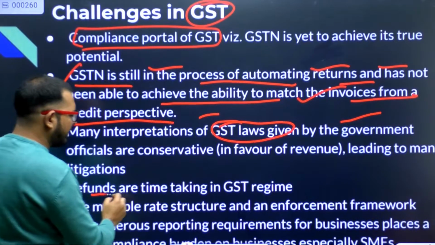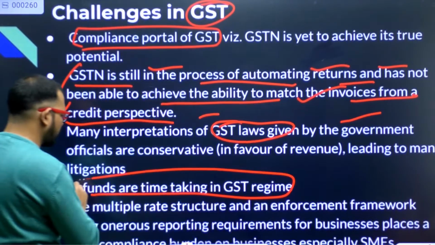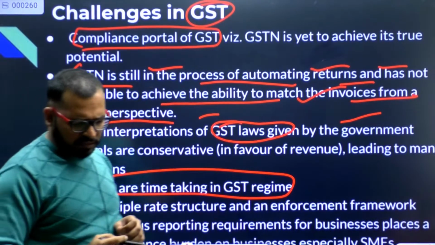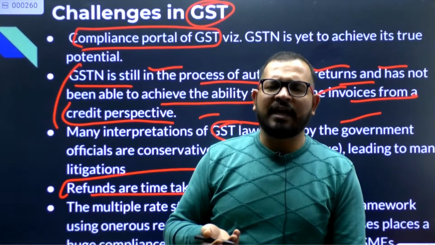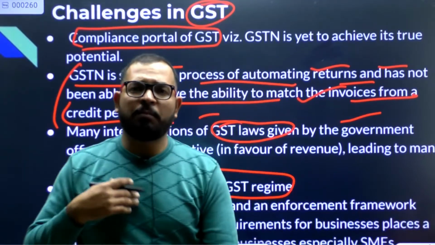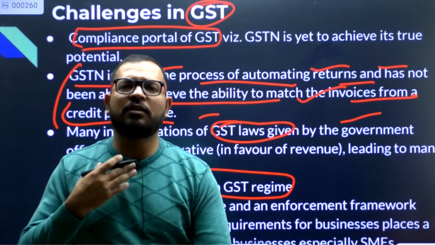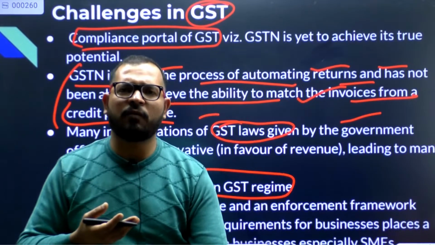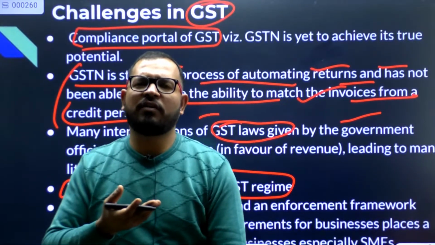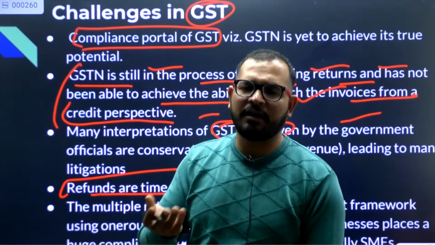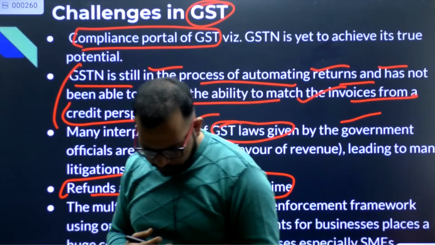Refunds are taking time under the GST regime. This becomes an issue. For example, I am a simple trader. I don't know much, and I don't have enough money to trade, but my money is with the government officials, and they are not giving me back my input tax credit. So this becomes an issue.